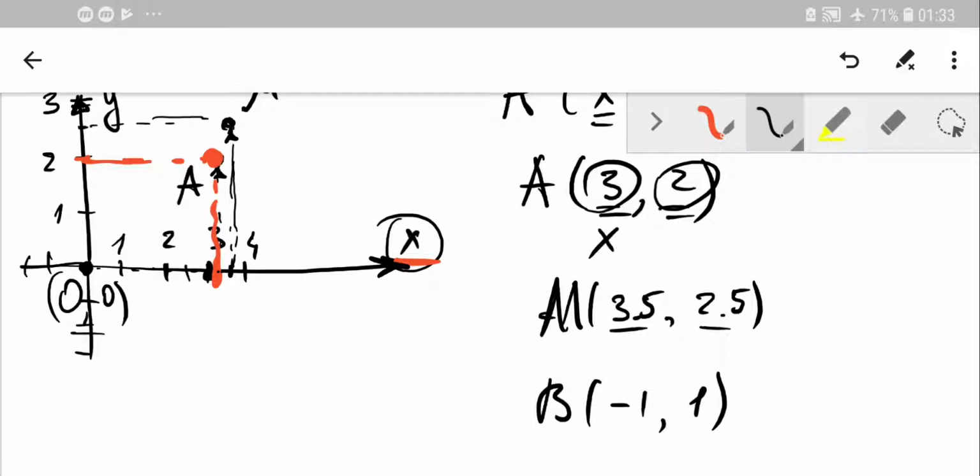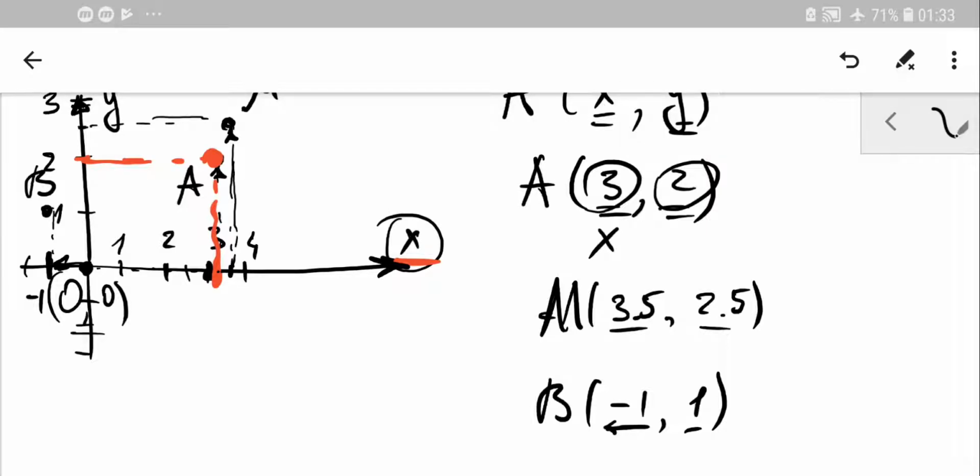So we need to step back by 1 unit from the origin. It's here, so this is -1, and then lift 1 unit up. That's your B. So I think you got the main idea of how to plot the points.